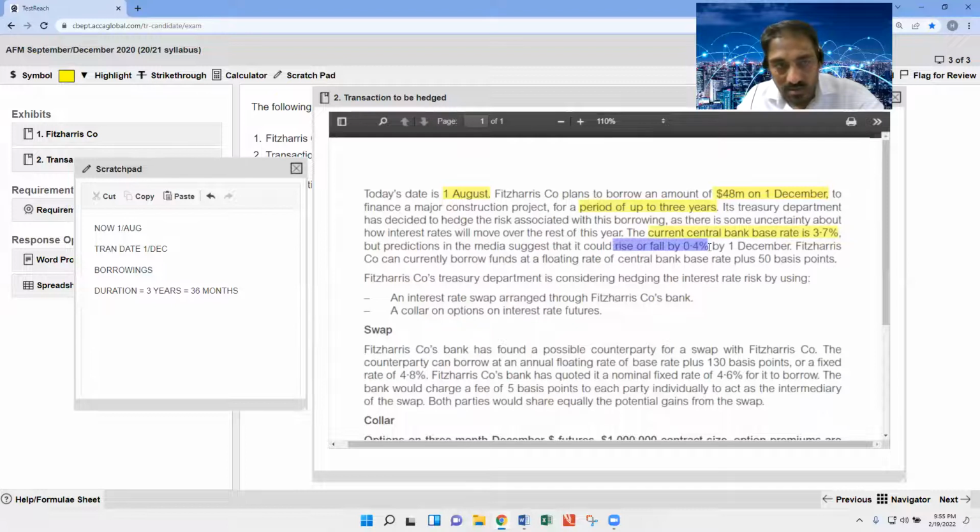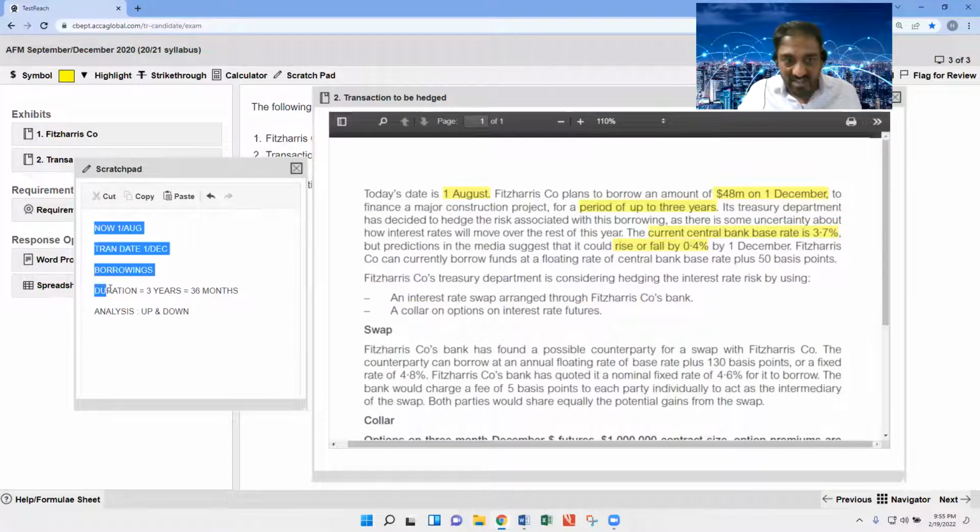So current rate 3.7, rise or fall. So for our analysis here, the examiner asks for both up and down, because sometimes the examiner asks for one side, either up or down. Here the examiner asks for both. So whatever I have highlighted at the scratch pad, I strongly suggest you identify the interest rates first. 3.7%, predicted to rise or fall by 1st December.